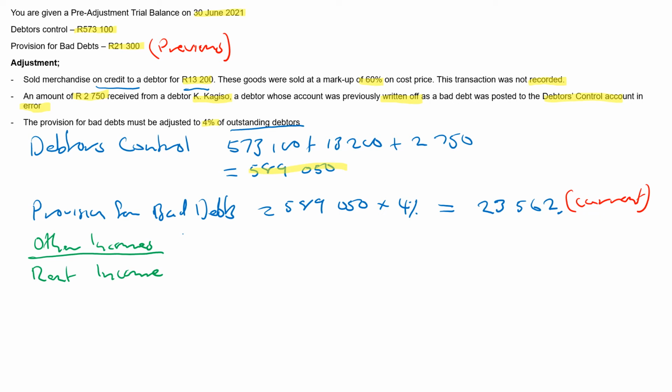Then you have here bad debts recovered. That's the only figure that we have, 2,750. Then you go to operating expenses.